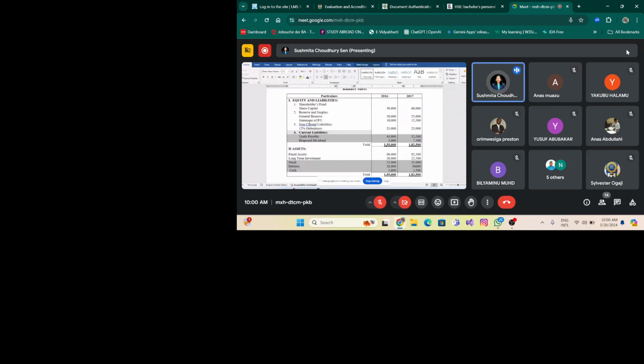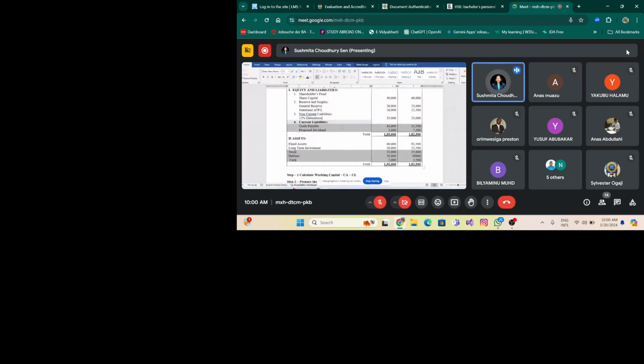Now the fourth item is 12% debenture and there is no change. It is neither an increase nor a decrease, so no need to mention anything. Under current liabilities, trade payable we have already mentioned under working capital, so no need to mention it again. But proposed dividend: earlier we gave 5,000 as dividend and now I am going to give 7,500.